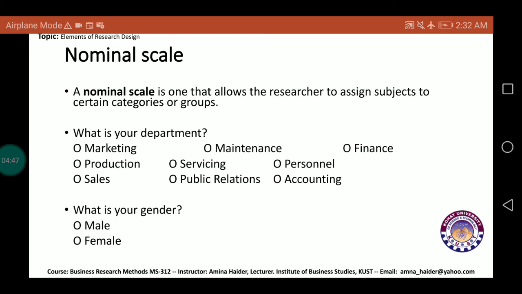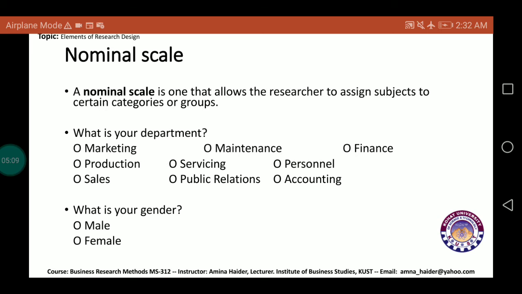Here, there are two nominal scale examples. Explain what is your department. A person has to choose between the options given to him. The answer should fall into either of the classes. What is your gender?